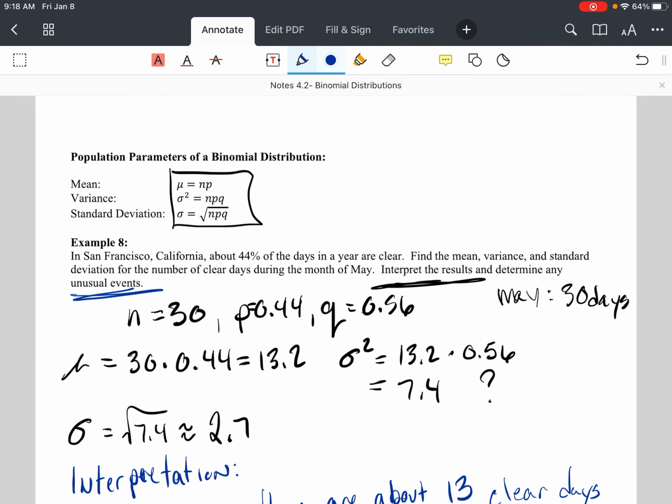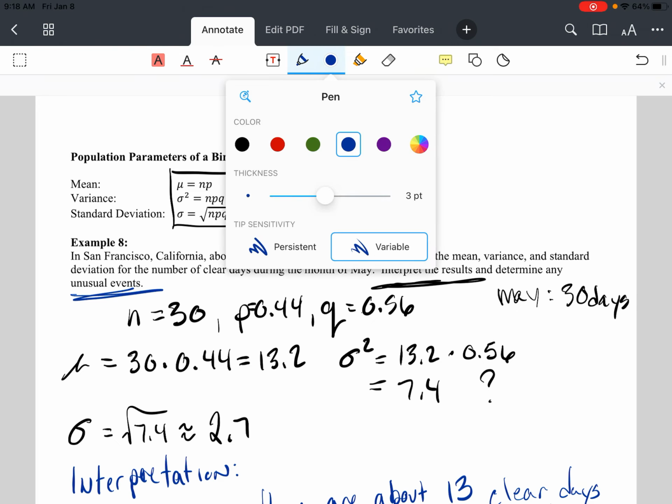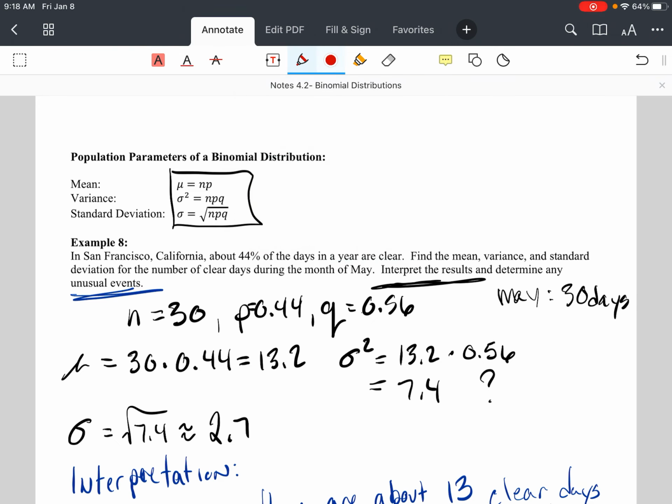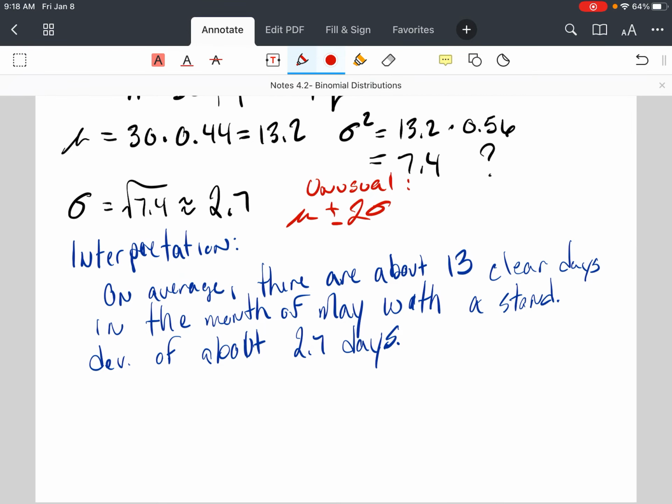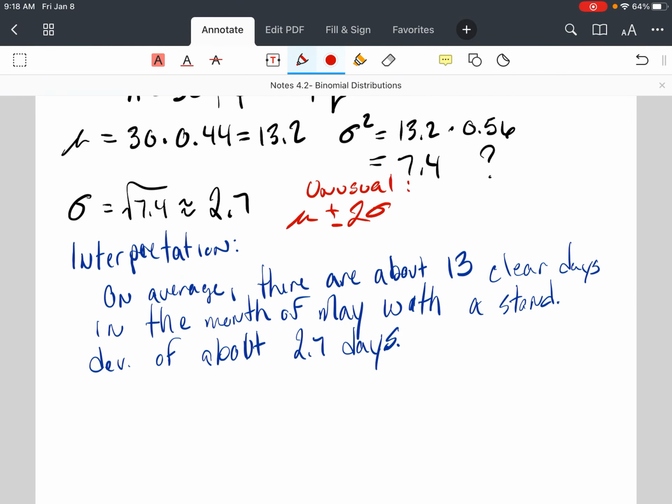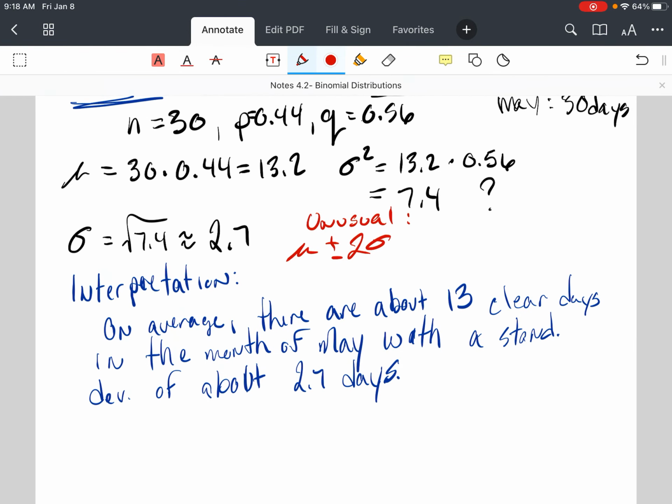Now, we were also asked to determine any unusual events. What I want you to remember from here is that to be unusual, it has to be less than or more than 2 standard deviations away from the mean. So to be unusual means that we have the mean plus or minus 2 standard deviations. So we will have to do a little bit of calculation here.